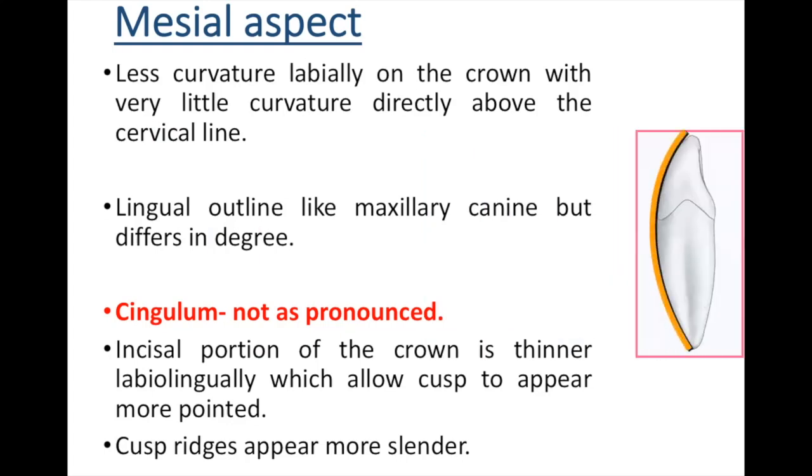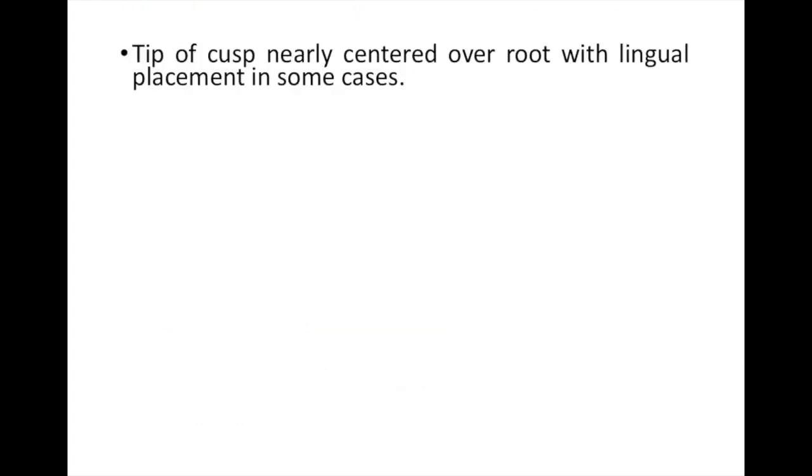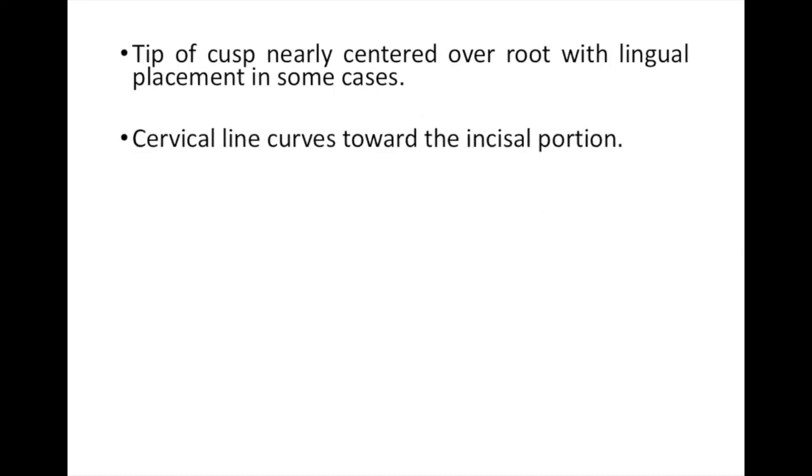So this is your picture from the mesial aspect, and you can see your cingulum is not as pronounced. Also, your cusp tip is pointed, and cusp ridges are slender. Tip of cusp nearly centered over root with lingual placement in some cases.